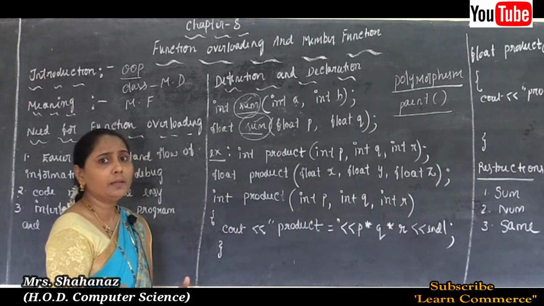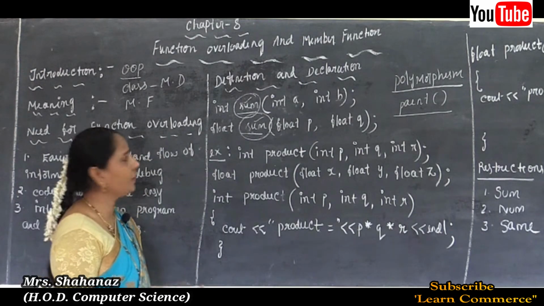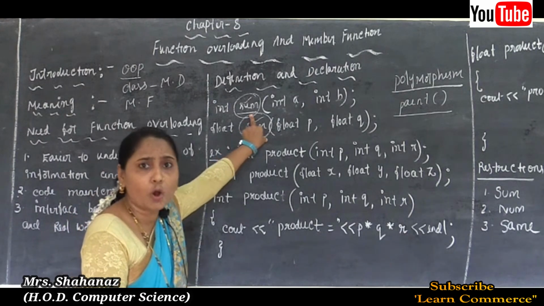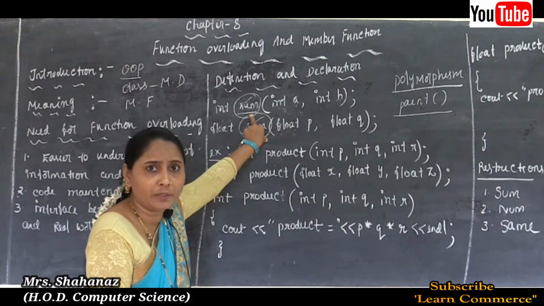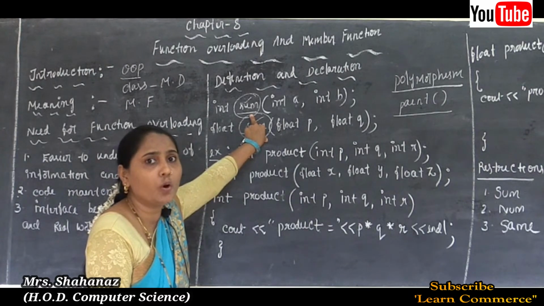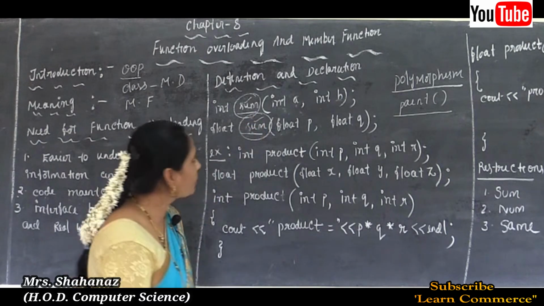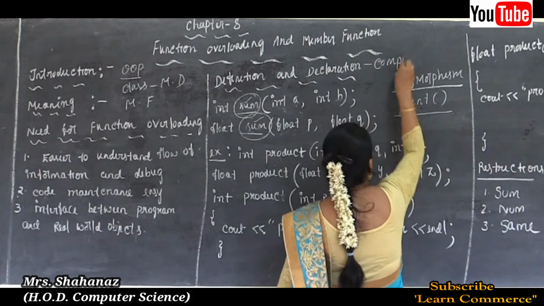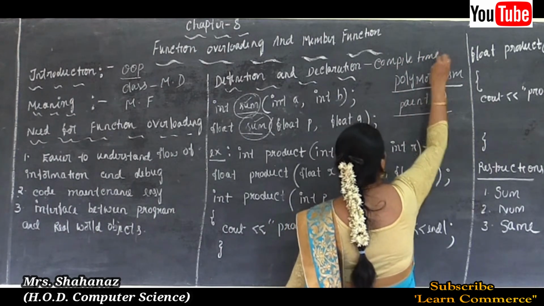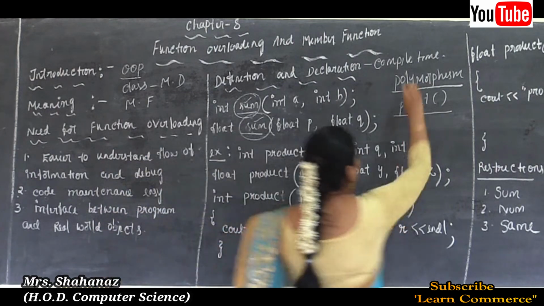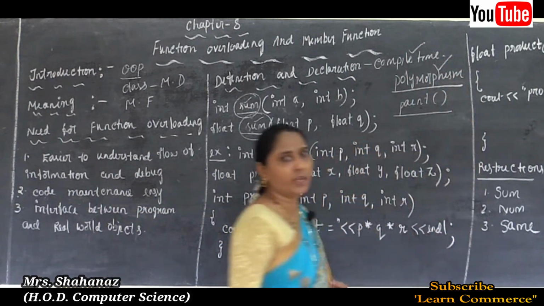That means if the same function is called with different argument types or a different number of arguments, it is called function overloading. Such function overloading is also called compile time polymorphism, the other name of function overloading.